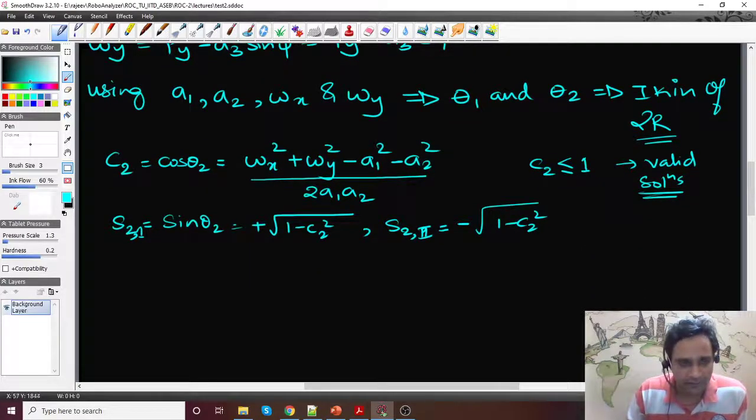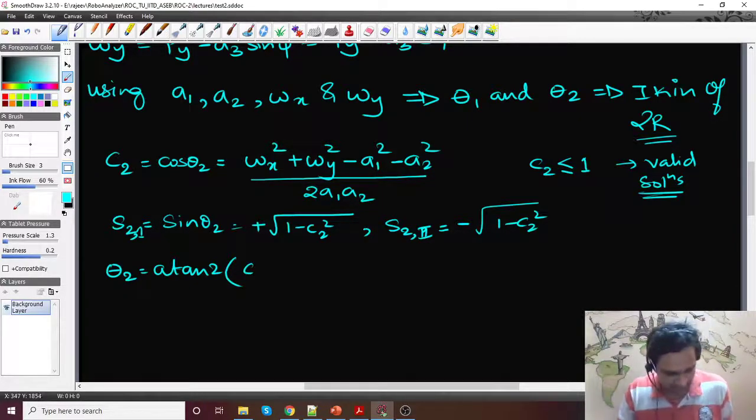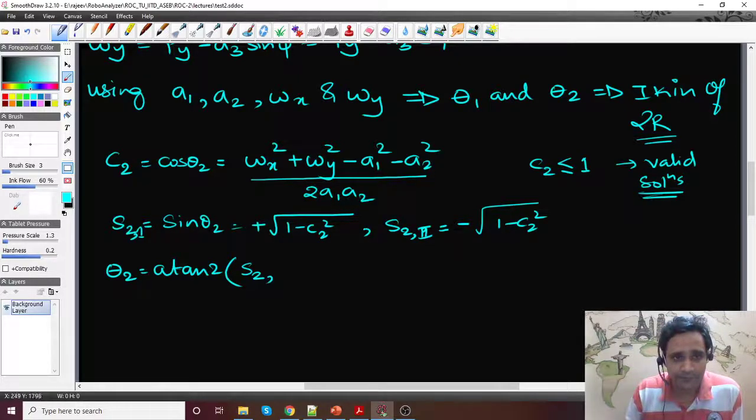To get the theta 2 values, please remember to use the atan2 function, because we want to get the correct quadrant. I'm going to send the y term, that is the sine term, either of them, and the cos term. So you will get theta 2 in the correct quadrant.